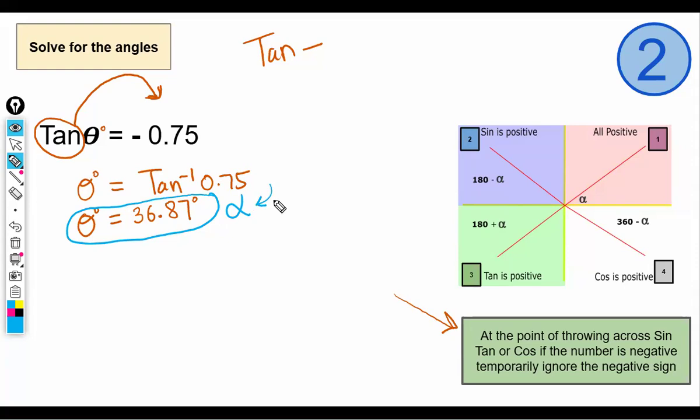Ask yourself, where is tan negative? See if you can figure out in which two quadrants tan is negative. Think it through. We'll see what you come up with here in the chat.